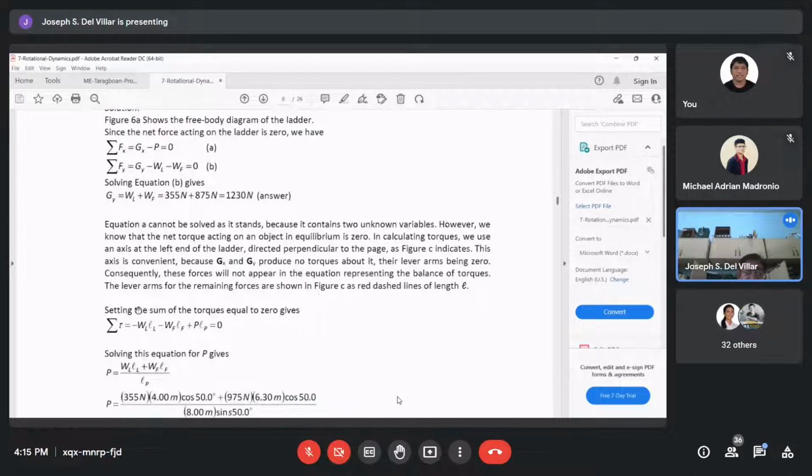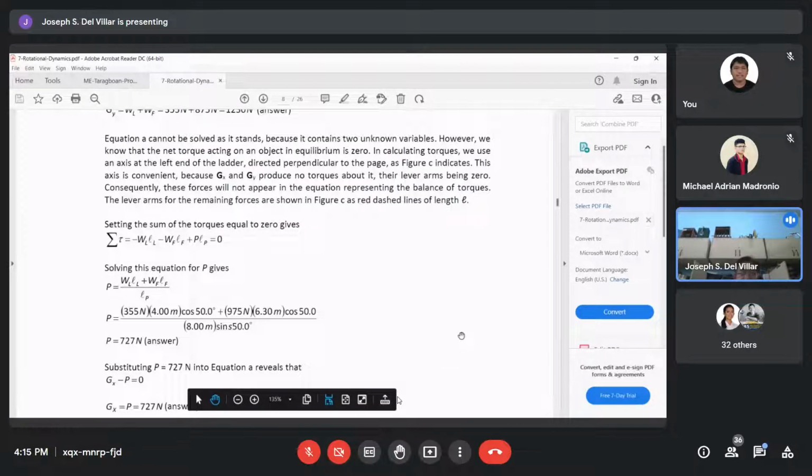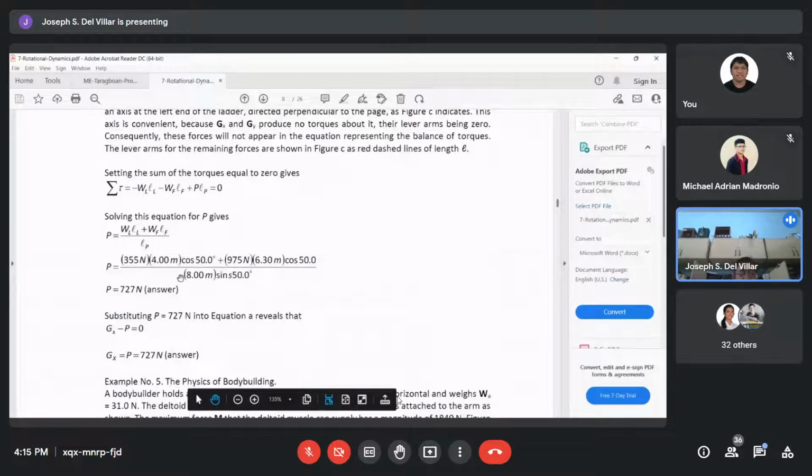Okay? Ito yung torque equation, yung kanina. Okay? P times LP minus WL times L sub L minus WF times L sub F. Okay? So ito yung sinasabi ko kanina. Makukuha nyo yung P. Kasi everything else are already found, no? Yung dalawang weight, given.